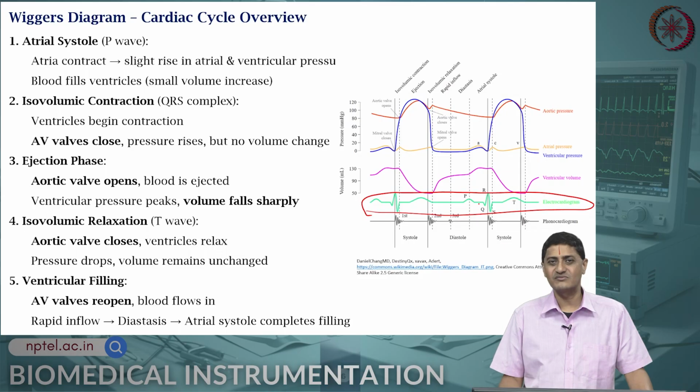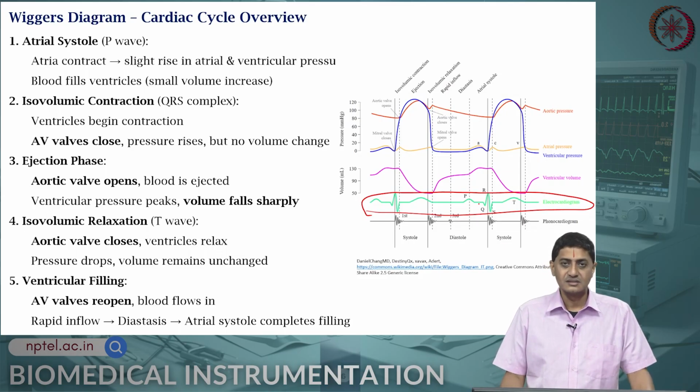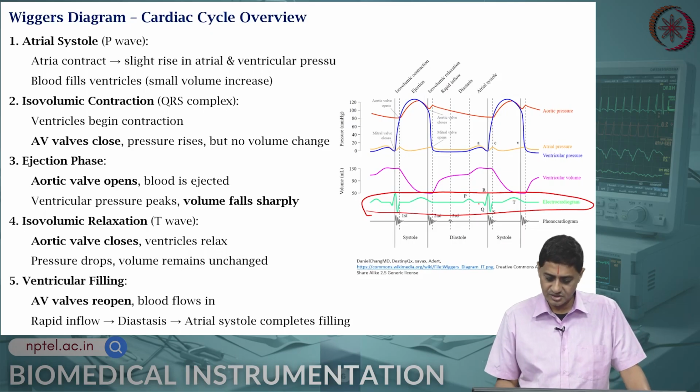This is the time when the auricles or the atria will contract. This will lead to a situation in which the atrial pressure increases. So, this is the point at which the P wave happens. After that, you see there is an increase in atrial pressure. The line in orange is the atrial pressure.